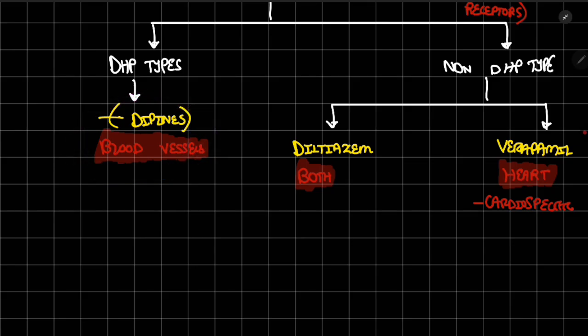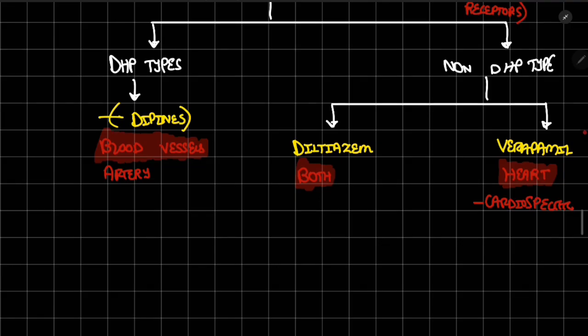It acts only on blood vessels, so the blood vessels are dilated, specifically arteries. When the blood vessels get dilated, we see a decrease in BP. If the BP decreases very much, we see a reflex sympathetic action, a sympathetic discharge.